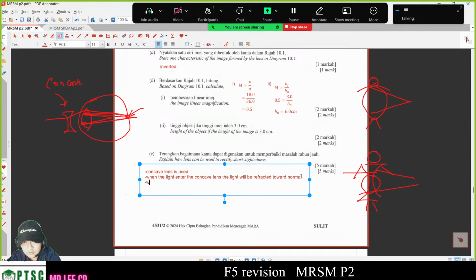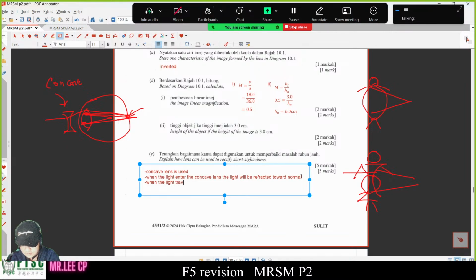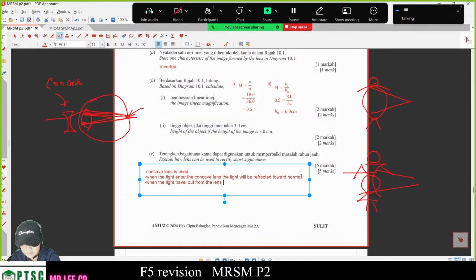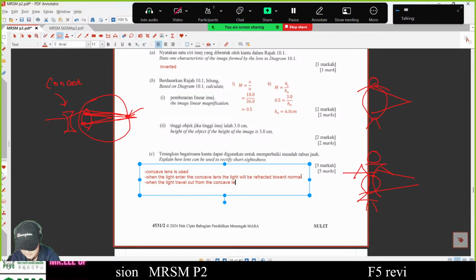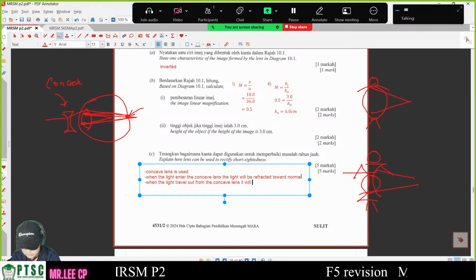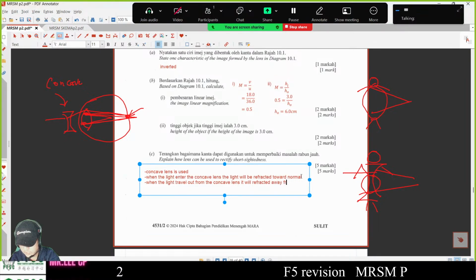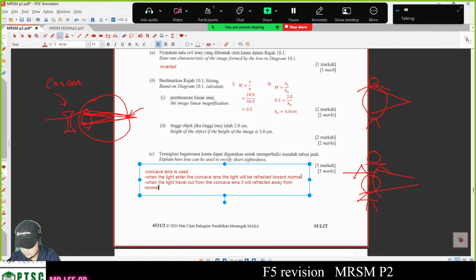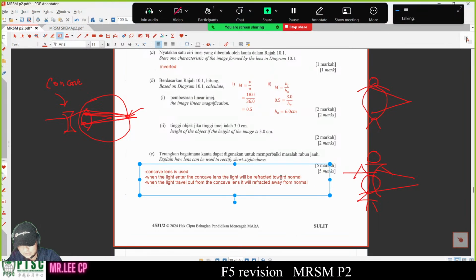So when the light travels out from the concave lens, it will reflect away from normal. I put in this one because I don't know where the mark is, so I try.